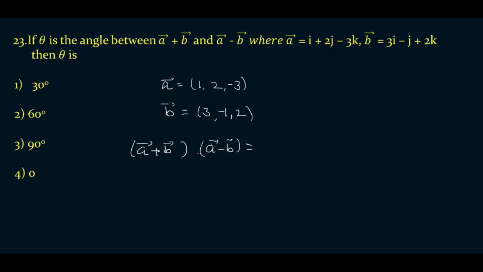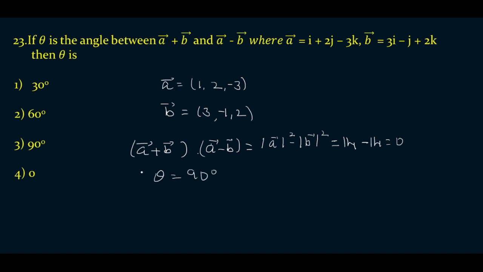Here you know that vector a plus b dot vector a minus b is equal to magnitude of vector a square minus magnitude of vector b square. This result we know. Here magnitude of vector a square means 1 square plus 2 square plus 3 square, its value is 1 plus 4 plus 9, which is 14, minus magnitude of vector b square, which is 9 plus 1 plus 4, also 14. So its value is equal to 0. Therefore, the angle between these two vectors is 90 degrees.